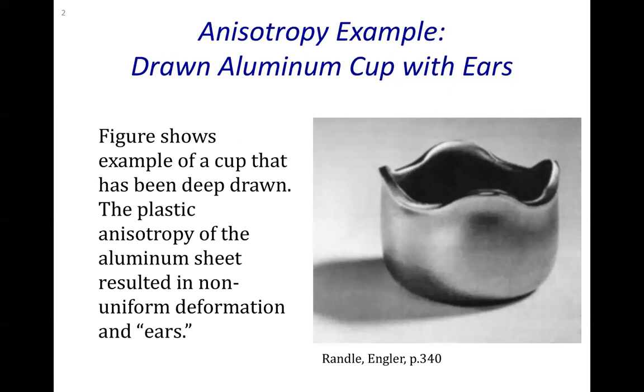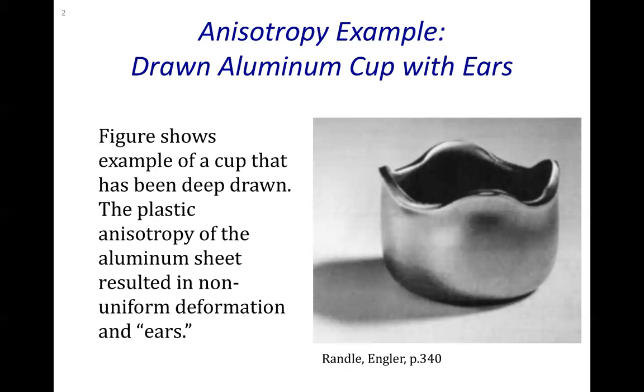A texture develops, and it's not particularly beneficial to the drawing, and you get an anisotropy, and you get these ears, right? Now, of course, if you continued to draw this, these would get worse, and you would have to trim a good chunk of the can off, leading to a lot of scrap.